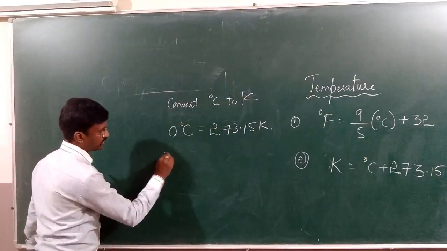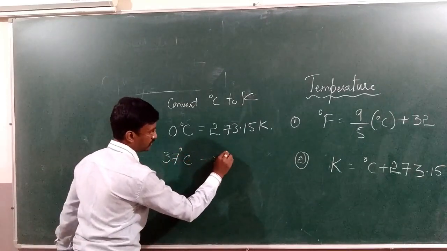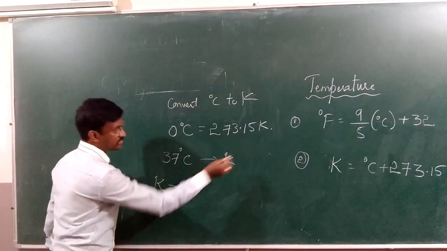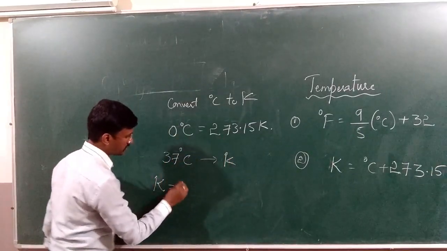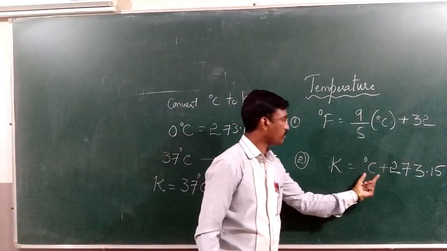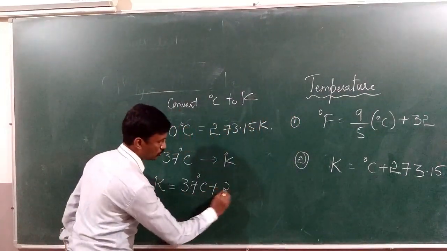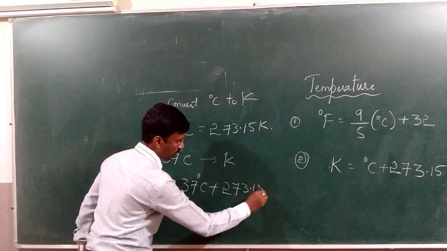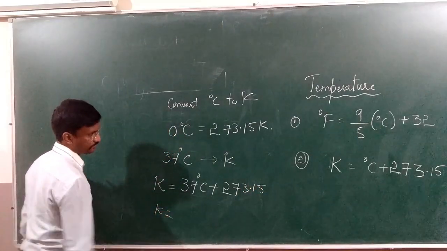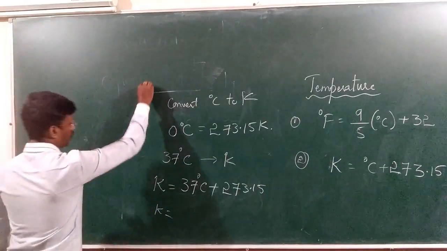If you want to convert 37 degrees Celsius to Kelvin, you just put K is equal to the degrees Celsius, 37 degrees Celsius, plus 273.15. By adding this, you are going to get the Kelvin value. Similarly, I am doing this.